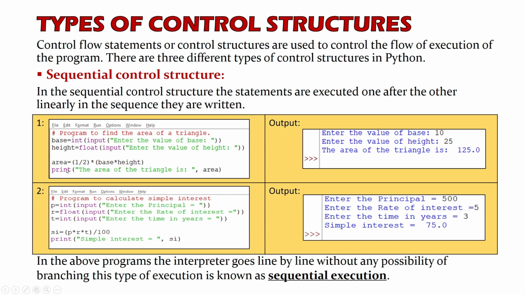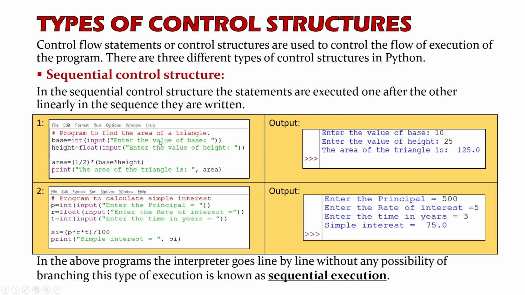Let's see two examples. First example is of calculating the area of a triangle, wherein we need two inputs from the user. As the formula of a triangle is half base into altitude, we will accept two values, base and height. Altitude means height.